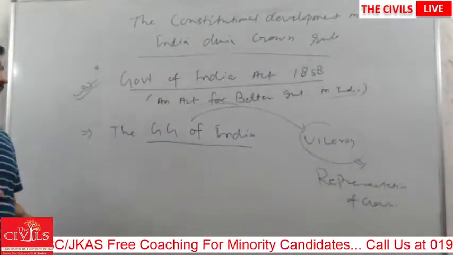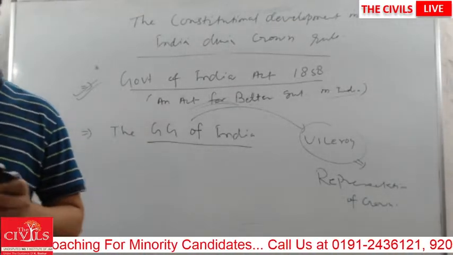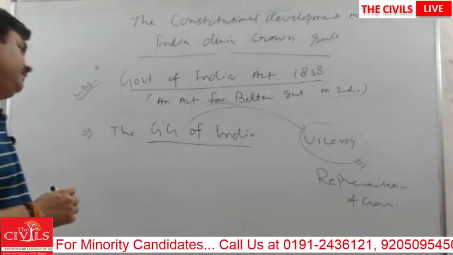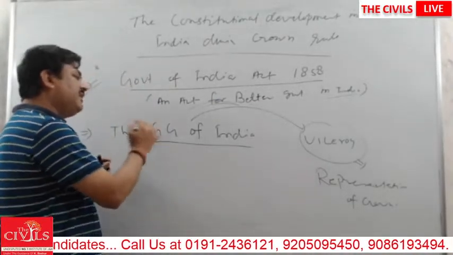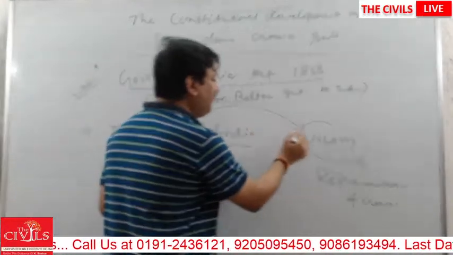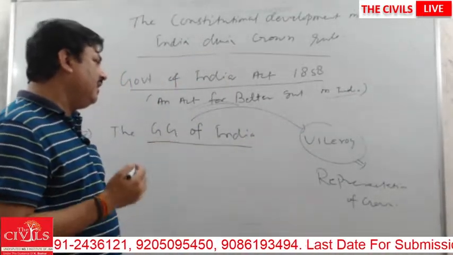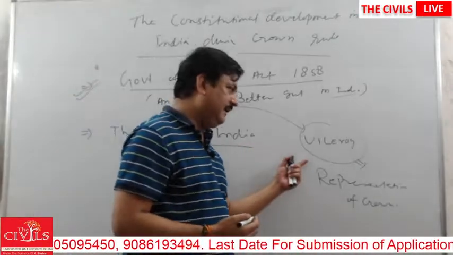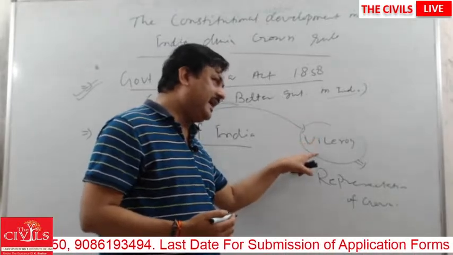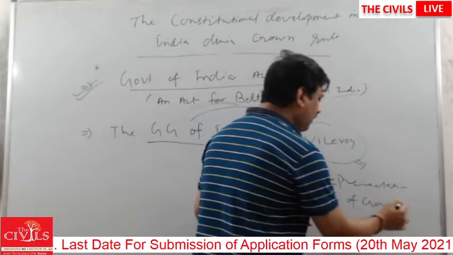So the Governor General of India was now to be called Viceroy, or we can say that the Governor General of India was now called Viceroy of India. And the meaning of Viceroy is representative of Crown.